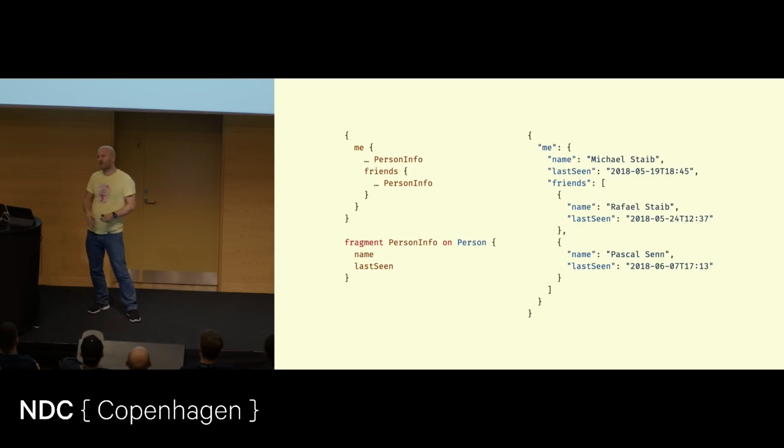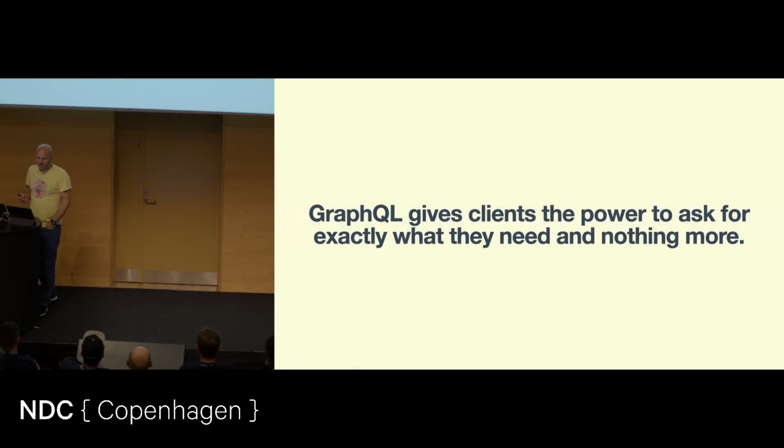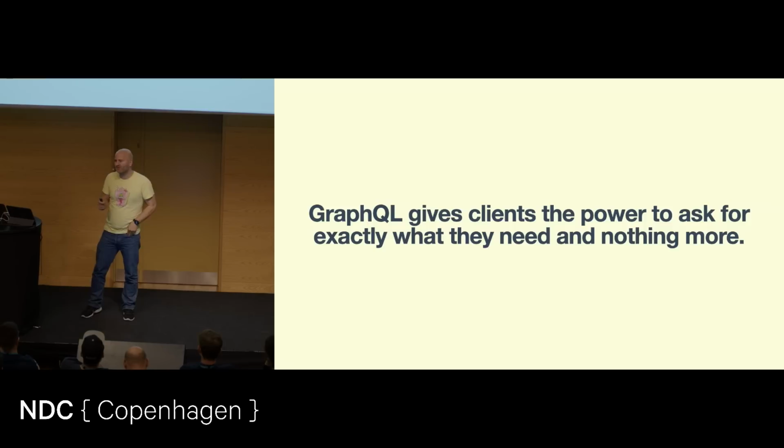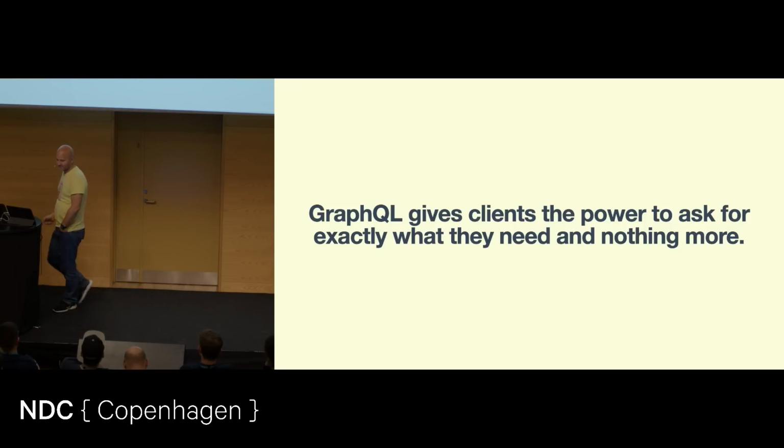It allows us to compose fragment hierarchies as we compose component hierarchies in our front end or class hierarchies in our back ends. But more to that later. So GraphQL gives clients or consumers the power to ask for exactly what they want and nothing more.